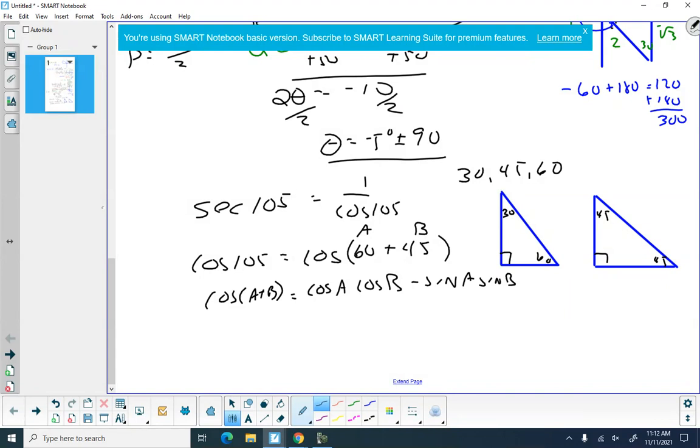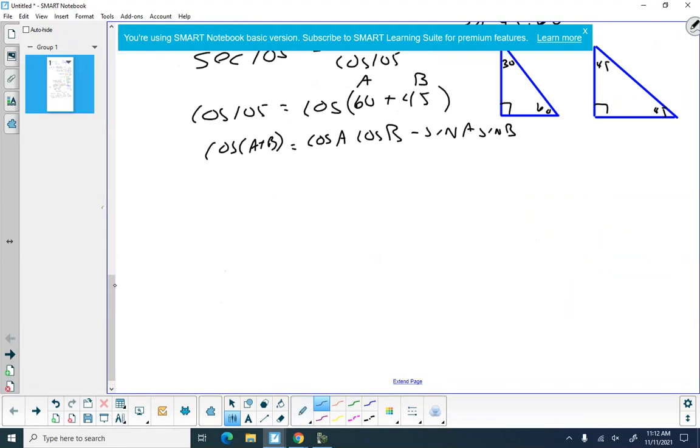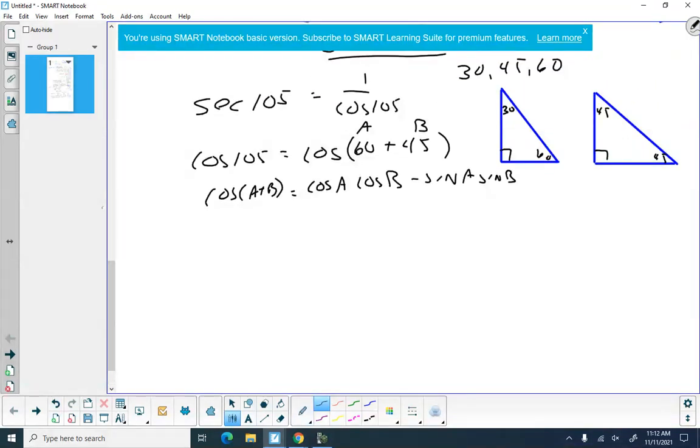Okay, we can sub in. Wherever I see an A, I'm putting in a 60. Wherever I see a B, I'm putting in a 45. Now, as you get more and more familiar and comfortable with this, you can probably skip this step.